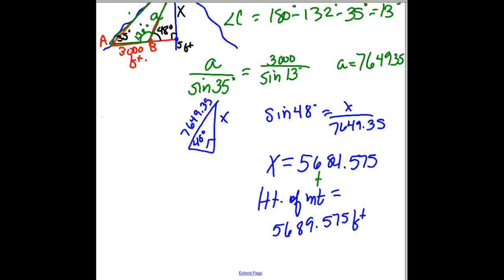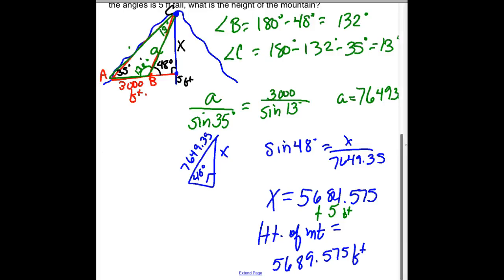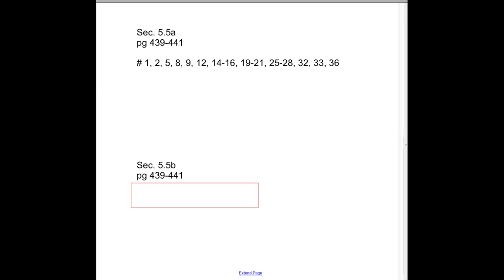All right, so we're going to add 5 feet. Questions? All right. So there's your assignment.